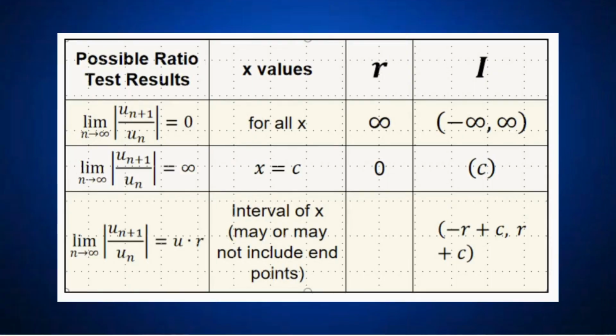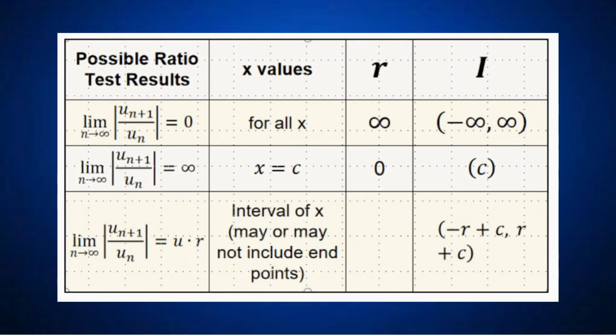Let us take note of this table. When the ratio test result is equal to 0, the x values are all x, our radius is infinity, and our interval is negative infinity to infinity. When our ratio test result is infinity and our x value is equal to c, then our radius is 0 and our interval is just c, the center.